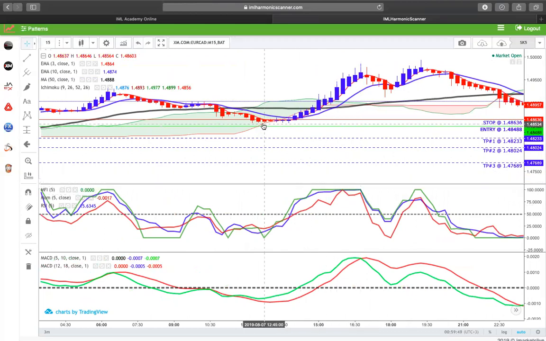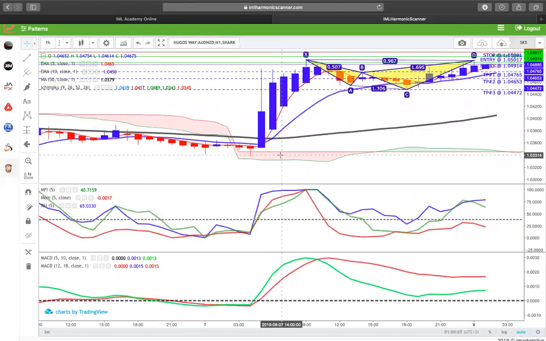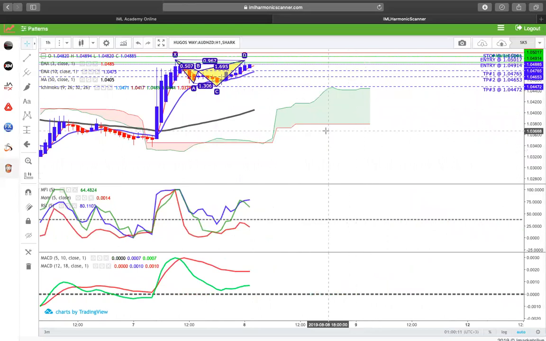If the numbers on the side, the stop loss and the take profit numbers, are reading for, I think I'm also on AUD NZD, a sell because the stop loss is at the top, why would I still look for a buy, or would I? So sometimes the harmonics don't give you real-time scans, updated trades.